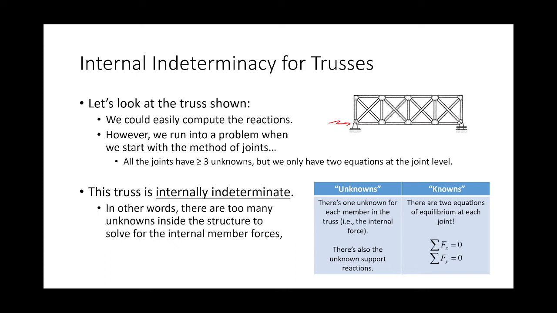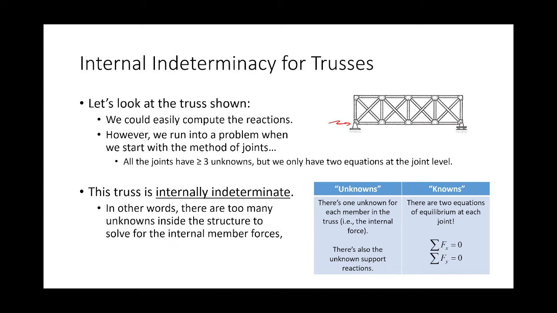But then that begs the question, how do we determine whether or not a truss is internally determinate or not? We need a formula. Well, let's go back to our concept. What were these I formulas all about? They were all about comparing the unknowns to the knowns. Let's look at this truss globally. What are the unknowns for this truss?